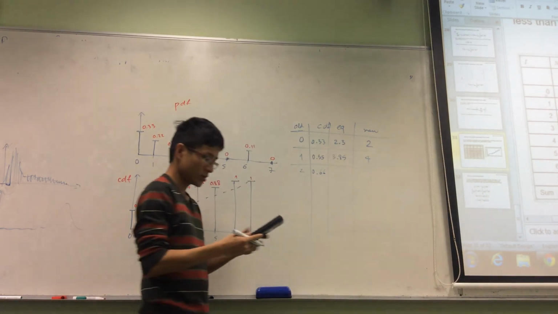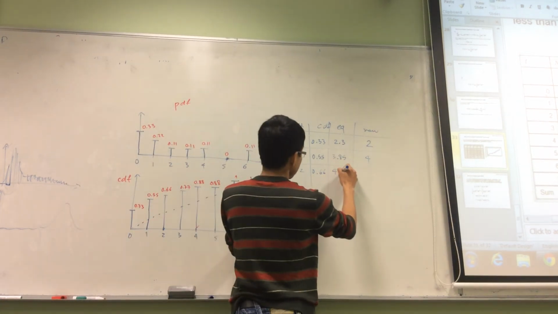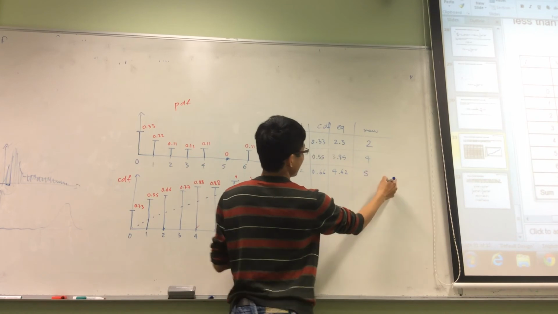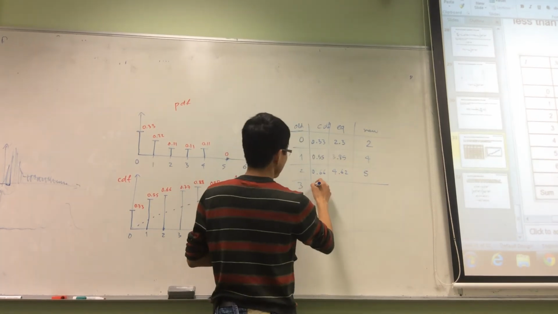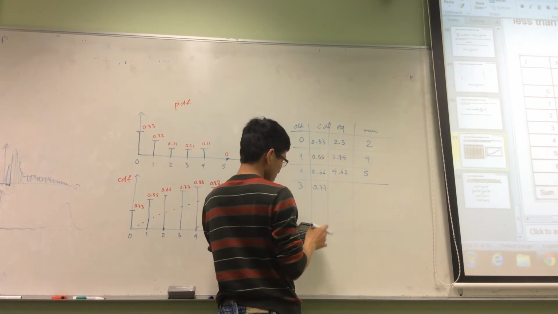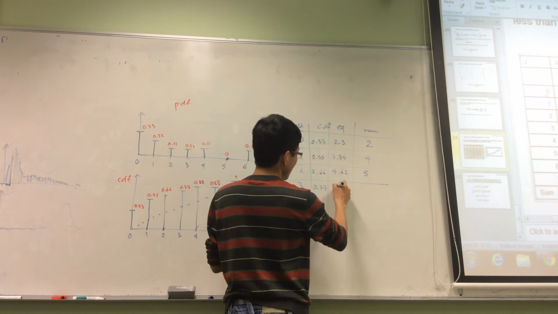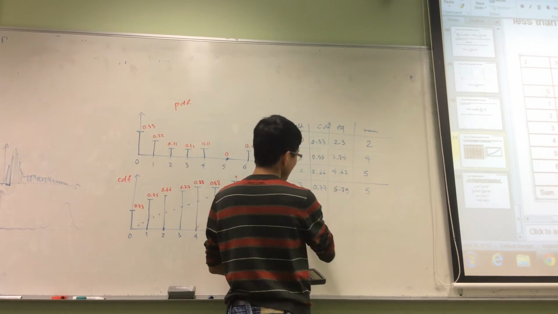And for 2, 0.66 times 7 is 4.62, which is 5. Then 3, 0.77 times 7 is 5.39, which is 5.